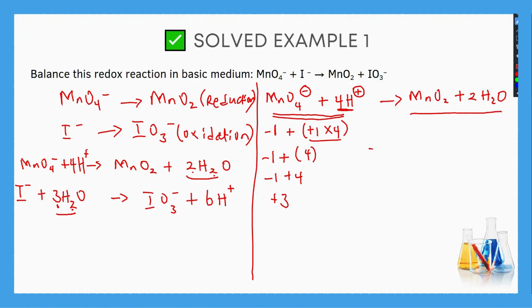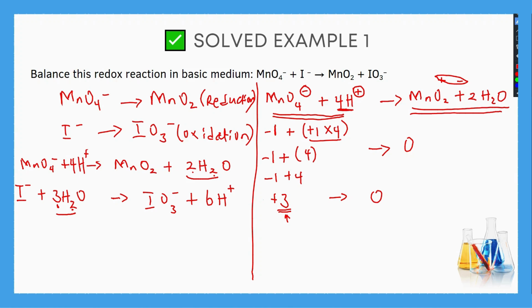On the other side, however, there are no charges. You can see there is no plus or minus anywhere. So the charge on the other side becomes 0. So therefore, we have +3 on the left side, and then we have 0 on the right side. Now, my question is, between +3 and 0, which one is greater? Of course, the charge +3 is greater.